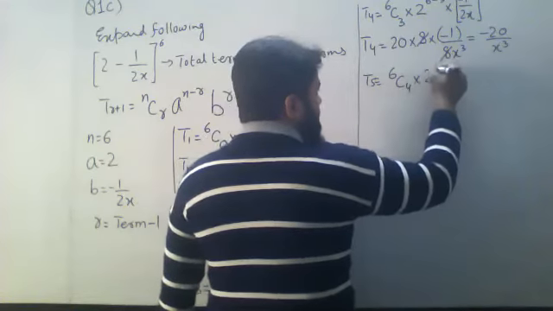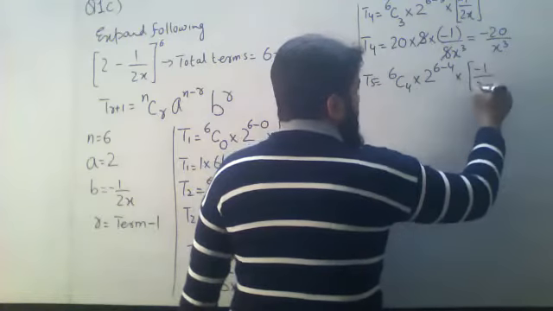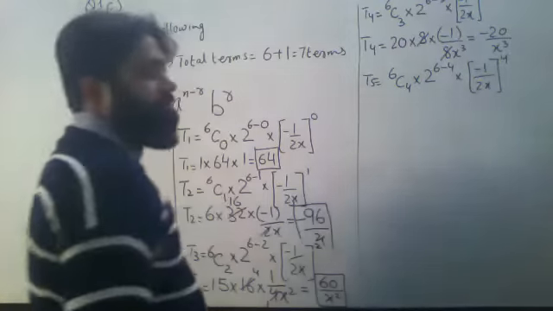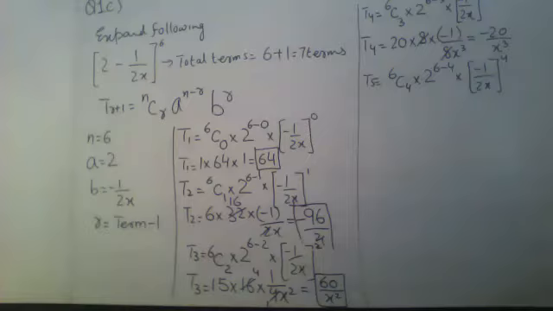After that, T5. 6C4 into 2 to the power 6 minus 4 into minus 1 over 2x whole power 4. So 6C4, I think the answer will be 15.